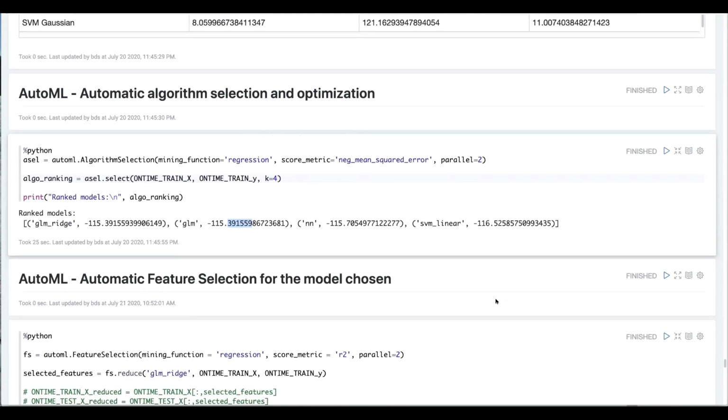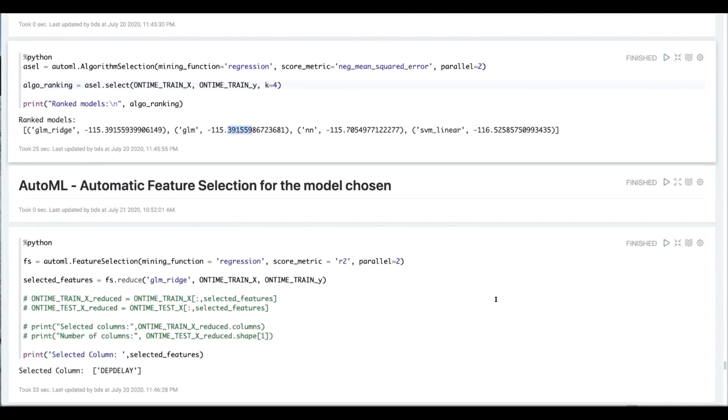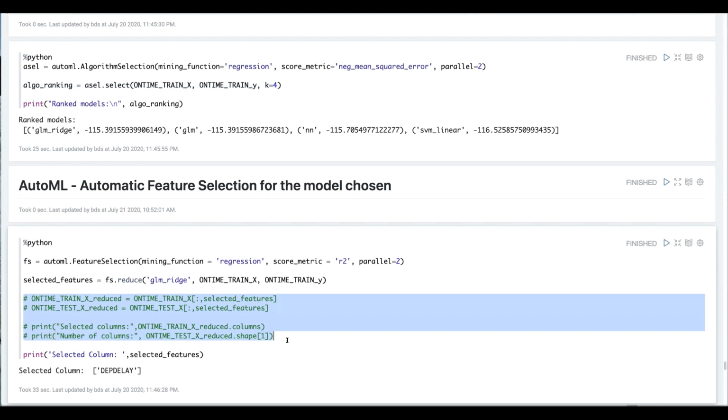So I said, okay, I would like to do some feature selection. Now remember, feature selection doesn't make sense here because I have only one predictor. So all I'm doing here is I actually commented this out because we're going to be using that for the 102 class.